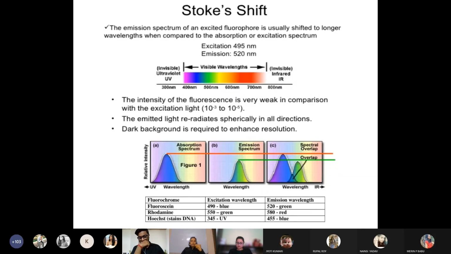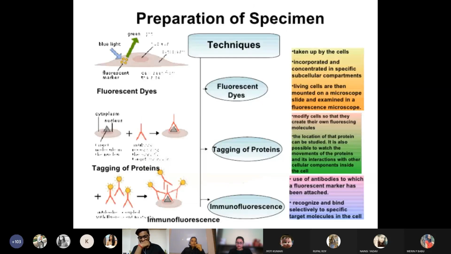Sorry for this slide. There are a few things missing here, but I can explain that if this is a cell and you target a protein, this protein is actually labeled with an antibody.